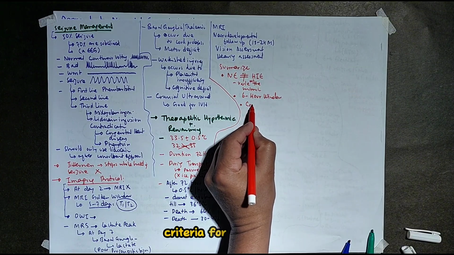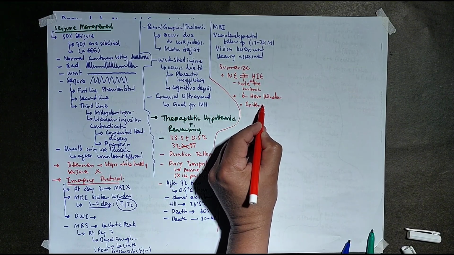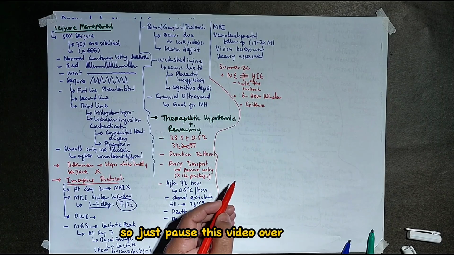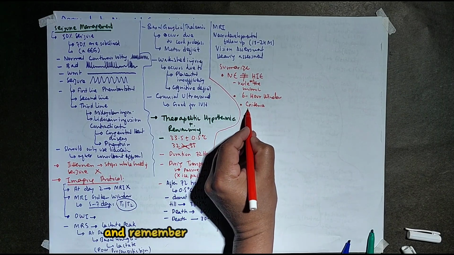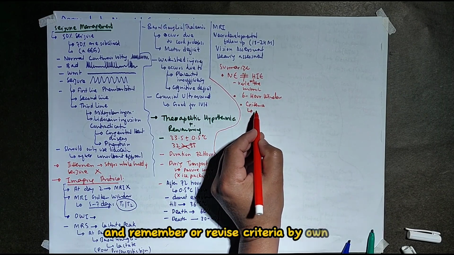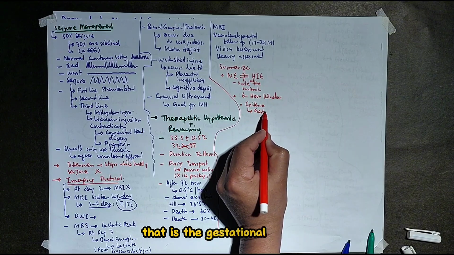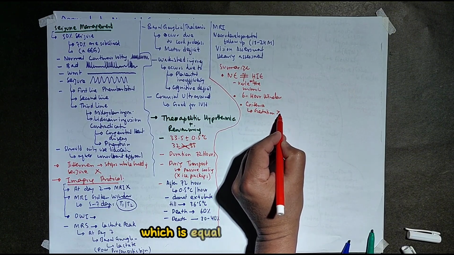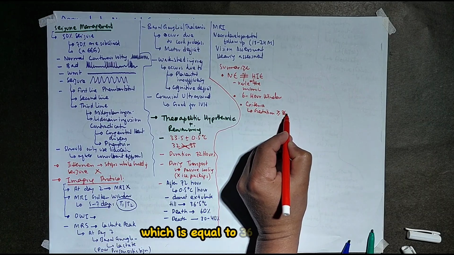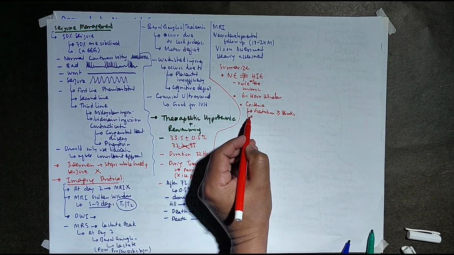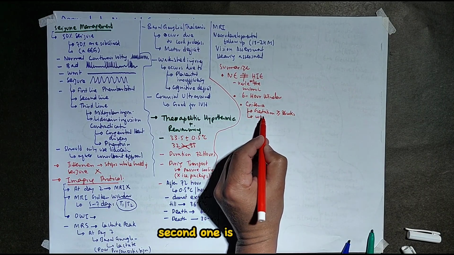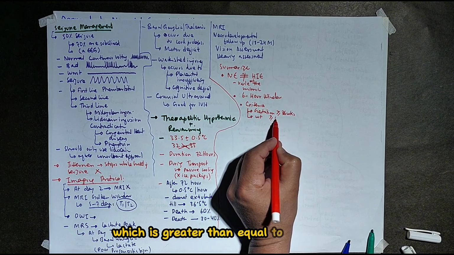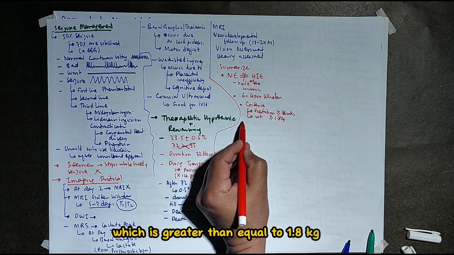Criteria for cooling. So just pause this video over here and remember or revise the criteria on your own. That is the gestational age, which is greater than or equal to 36 weeks. Second one is weight, which is greater than or equal to 1.8 kg.